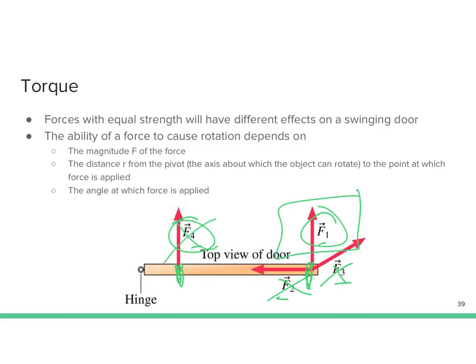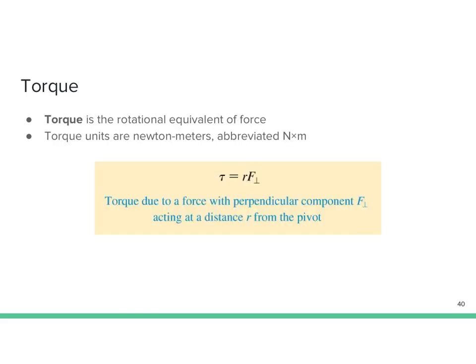So forces have different effects on an object based on where and how the force is applied in comparison to the hinge. So torque is the rotational equivalent of force, and it's a really simple concept. It's just the radius, or the distance away from the pivot point that you apply the force, and the perpendicular component of the force.